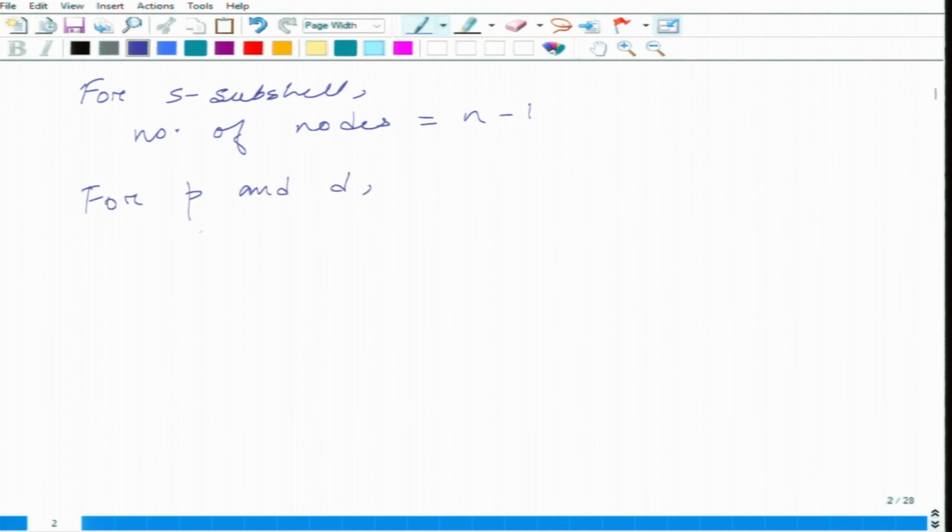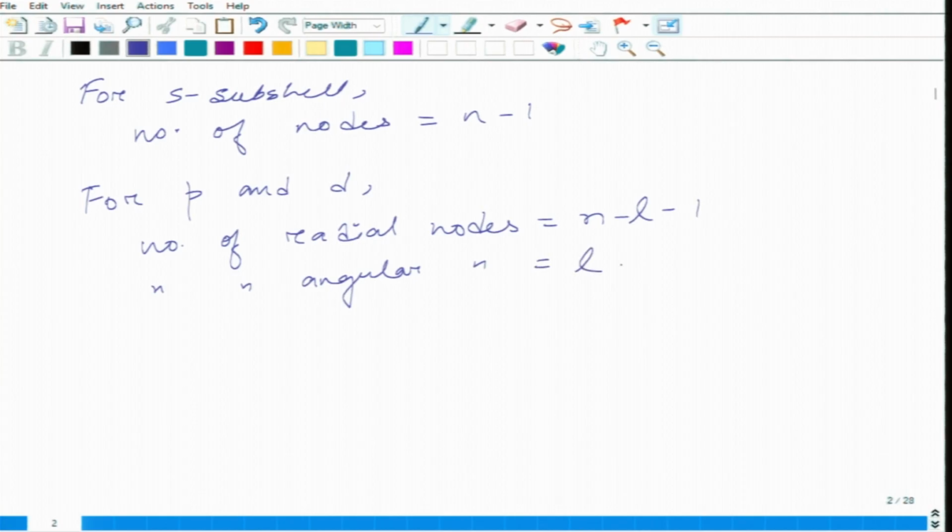For P and D, number of radial nodes was n minus L minus 1 and number of angular nodes were L, that is the azimuthal quantum number.